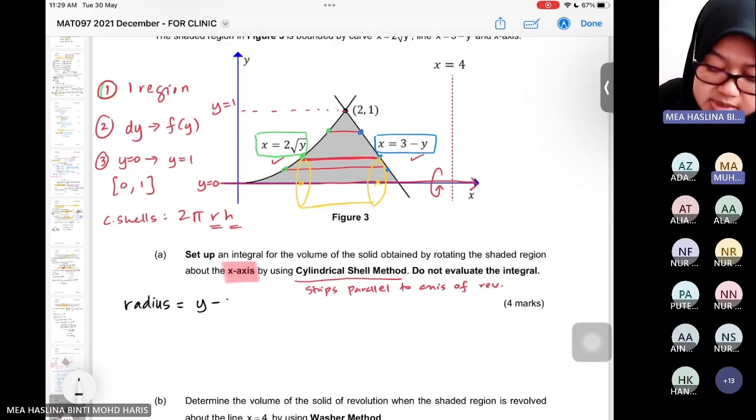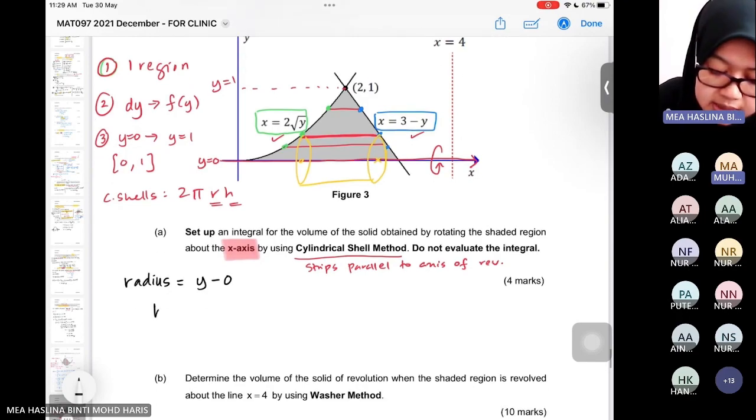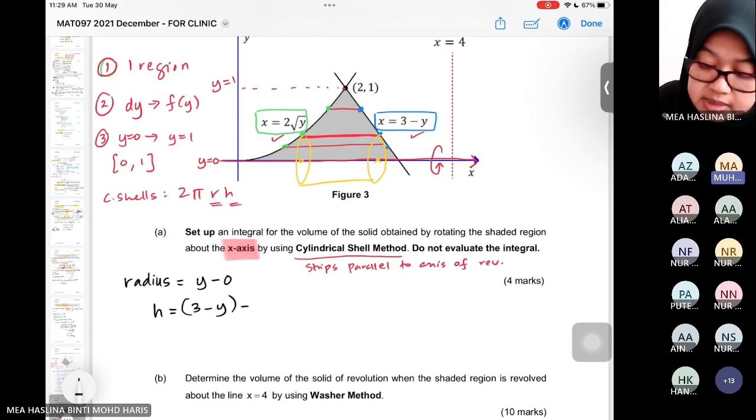Radius will be equal to y minus 0. The height will be right minus left. So it will be the line 3 minus y, minus the curve, which is 2 square root of y.